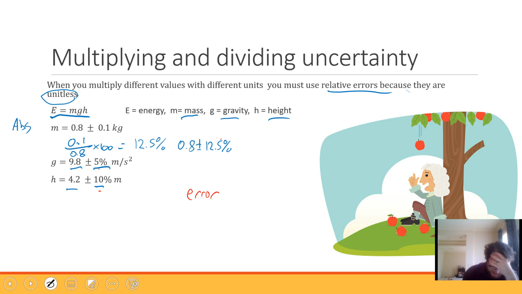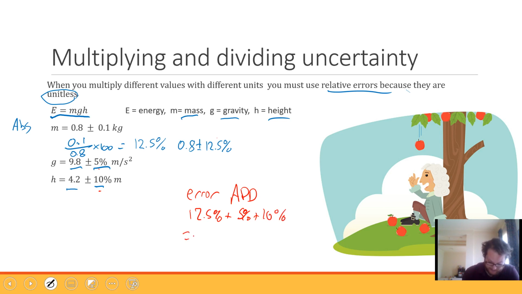Even though they're multiplied together, you actually add them. So what we're going to end up with is 12.5% plus 5% plus 10%.